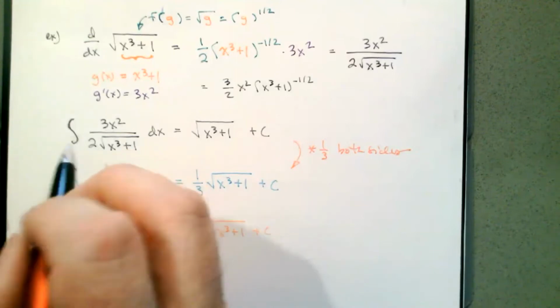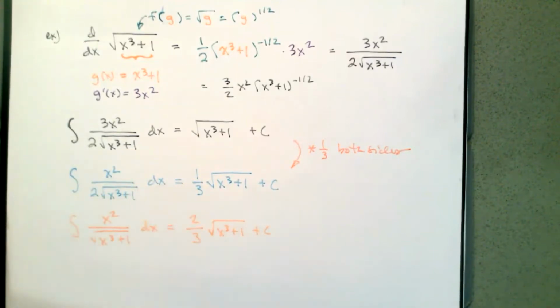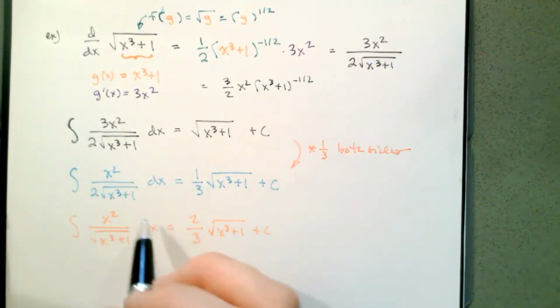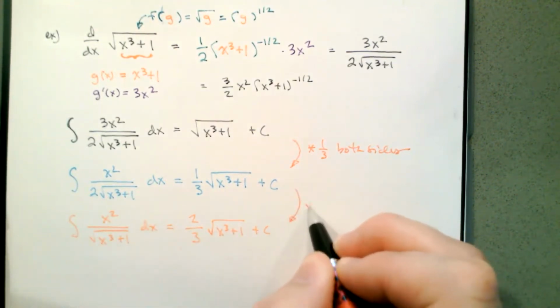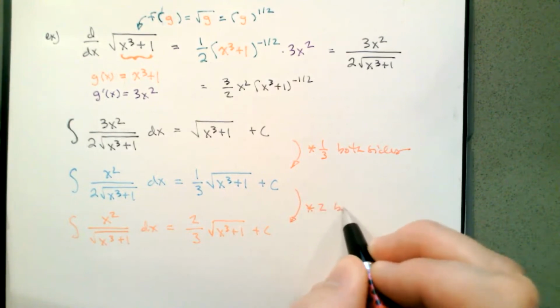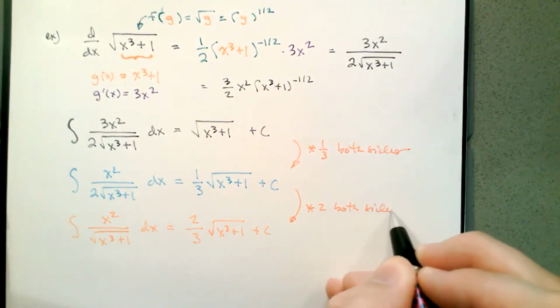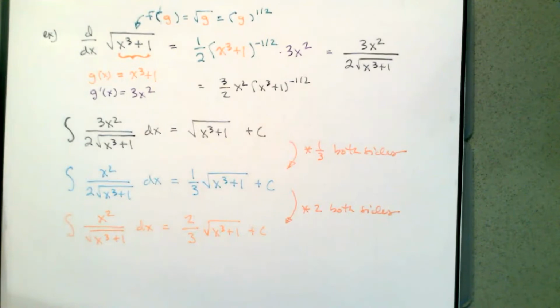So that would be like taking the second one and multiplying both sides by 2. What we're trying to see is that constant factors just get carried along.